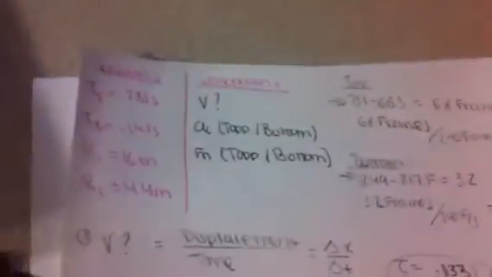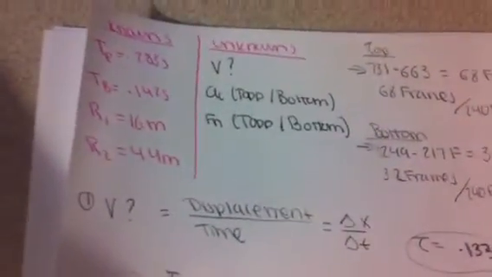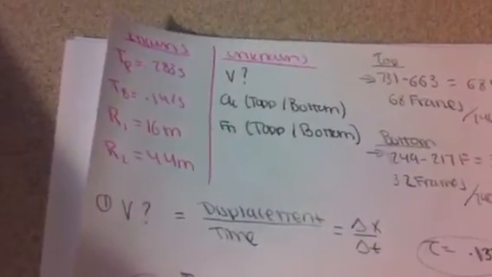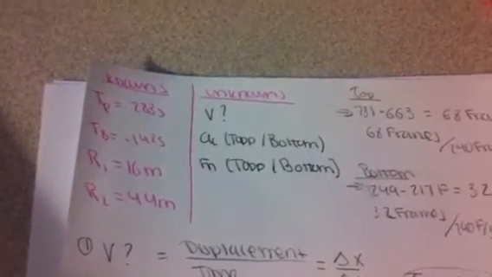I wrote my equations there, so we are going to have to use Newton's second law, and centripetal acceleration equals velocity squared over r. Now, looking at all the facts that we have, I listed all the knowns and unknowns. We know the top time. I measured the top time between the car, and I measured the bottom time between the car.